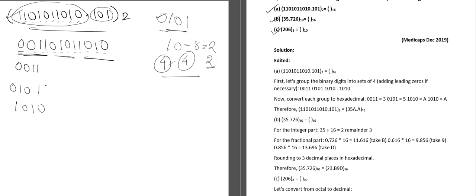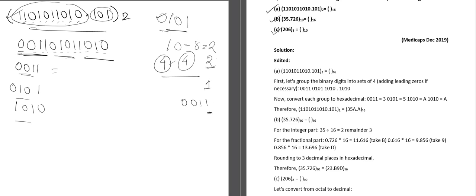Next, we will convert each of these groups into its hexadecimal equivalent. I guess we are all familiar with the positional weight concept. For a 4-bit number like 0011, the bit on the absolute right hand side has a positional weight of 1.